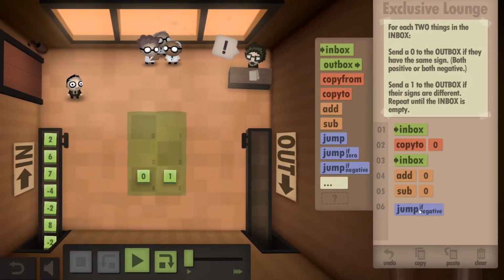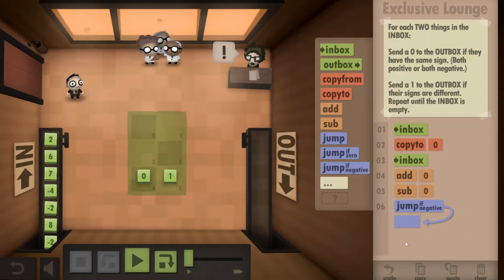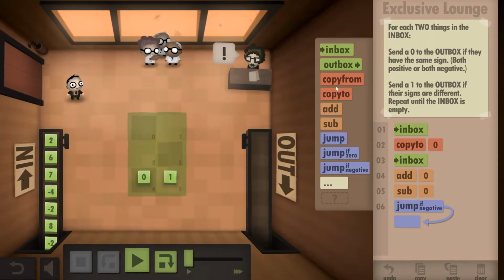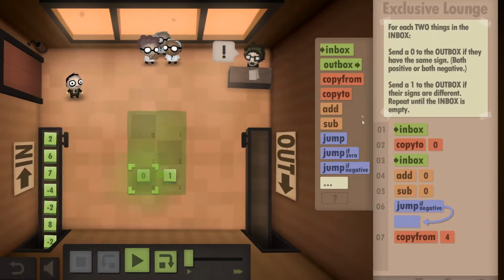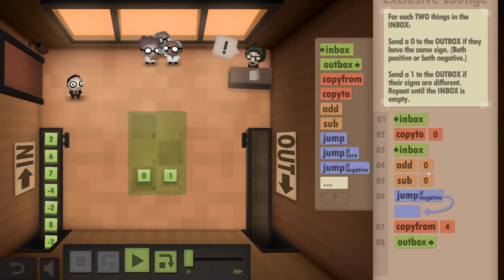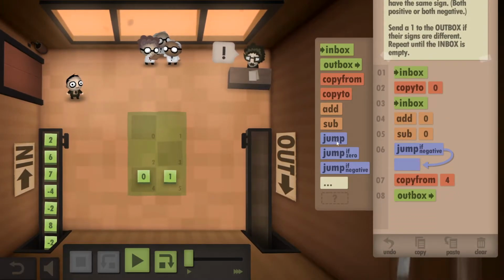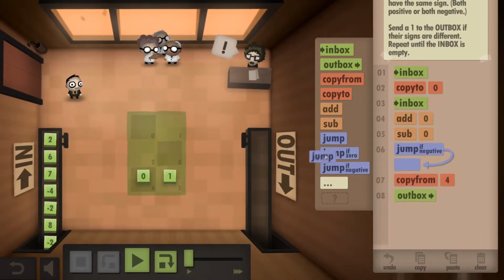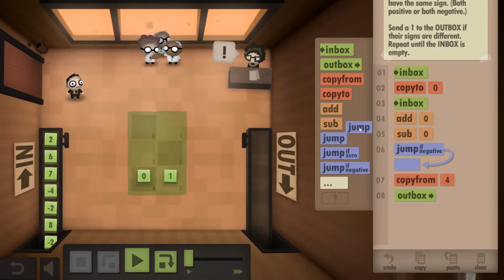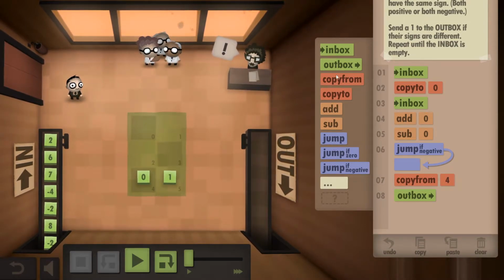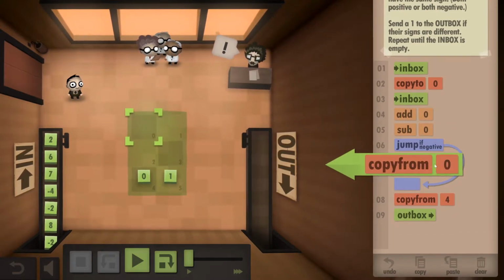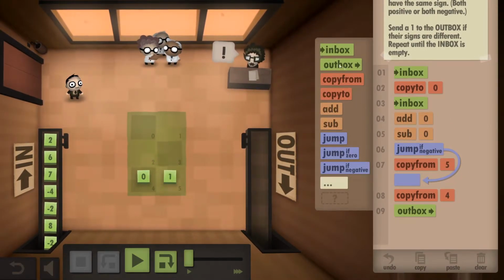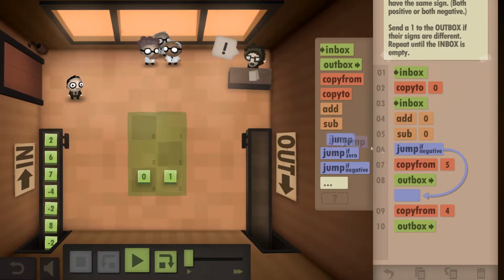We want to jump, if it's negative, to picking up a 0 and moving it to the outbox. Otherwise, we want to pick up a 1 from slot 5 and send that to the outbox.